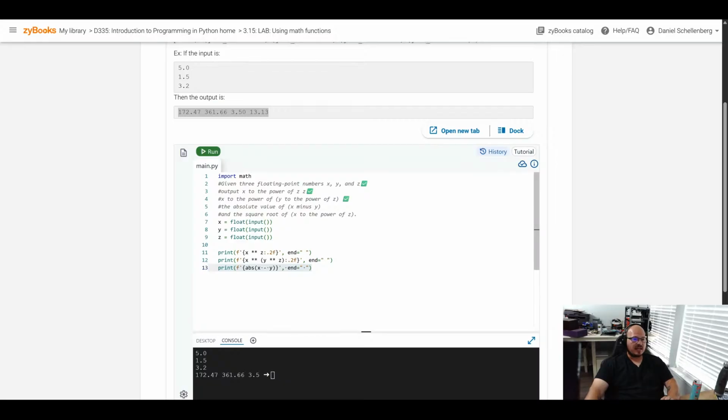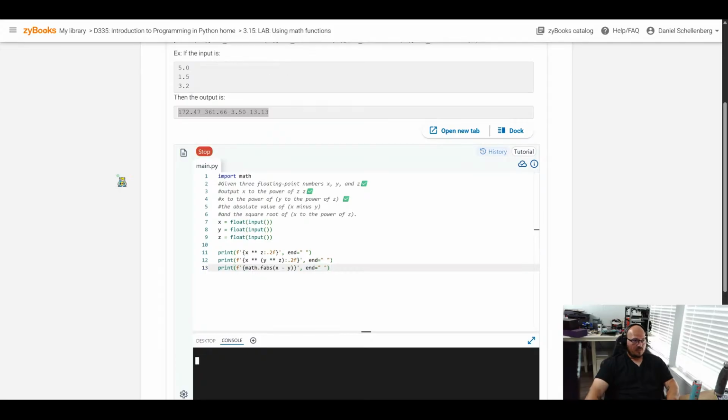So ABS is actually a built-in method, whereas FABS is the mathematical one. As you can see here, we're importing math, so that means I had to do math.fabs in order to use it. Whereas ABS looks like it's a built-in method.